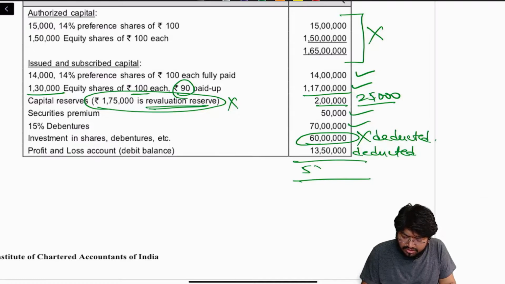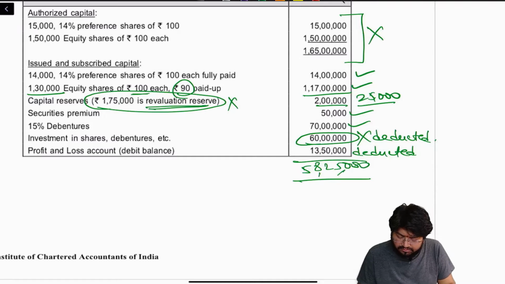58 lakh 25,000. Is that so small? Seriously? I don't think so.